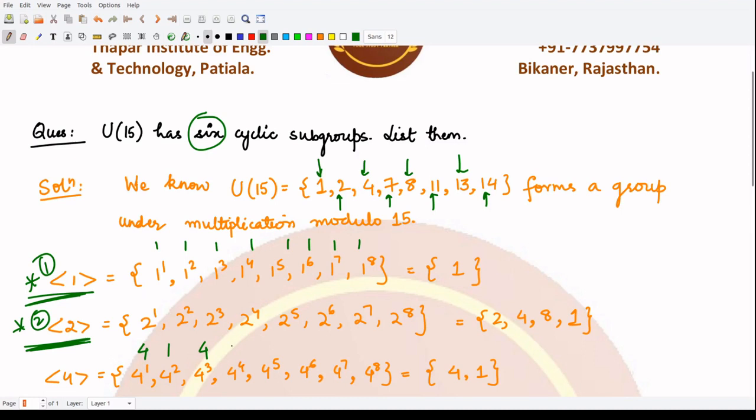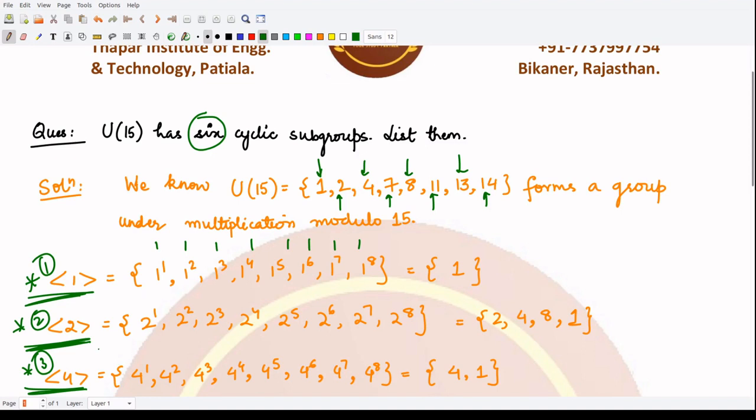It is 256. 256 mod 15, right? You have to calculate this thing. Now when you calculate this, you will see that we get the answer as 1. So you see the numbers start repeating: 4, 1, 4, 1 and so on. So you only have 2 elements within your set, which are 4 and 1. Hence you obtain this third cyclic subgroup of this group U15, which is generated from 4.